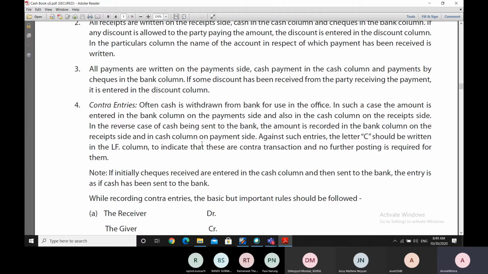So if any checks are received, sometimes what happens is that they are entered into the cash column instead of the bank column, and then simultaneously a contra entry is made for the checks sent to the bank, on the payment side of the cash book.